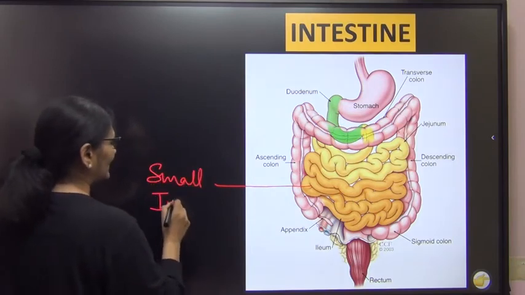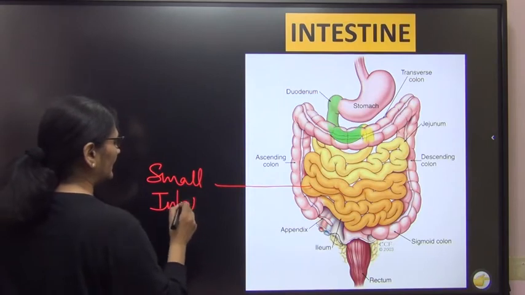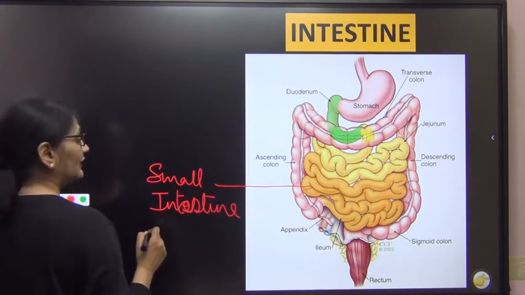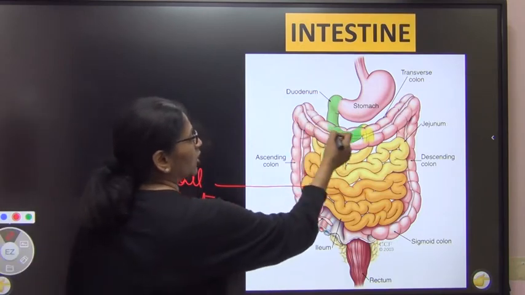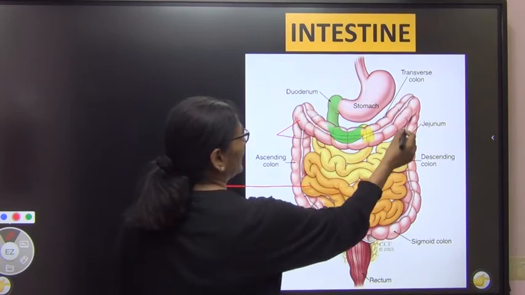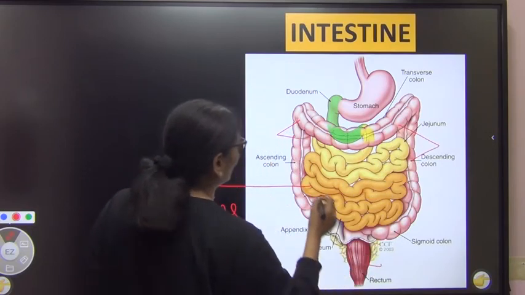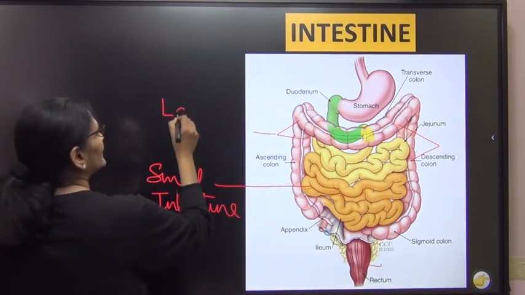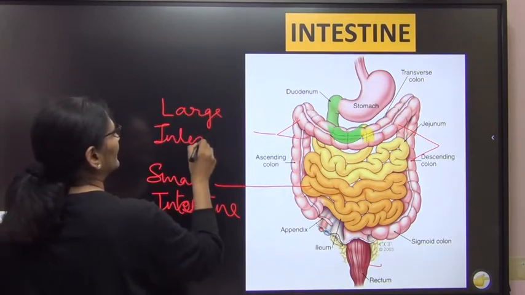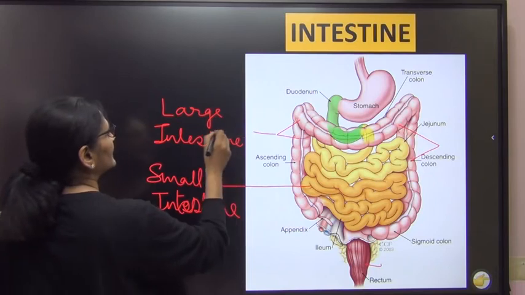This is called your small intestine, right? And this one, which is broader and pink in color, as you can see here, this part, this part, this is called your large intestine, right?